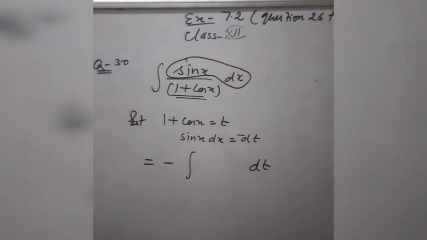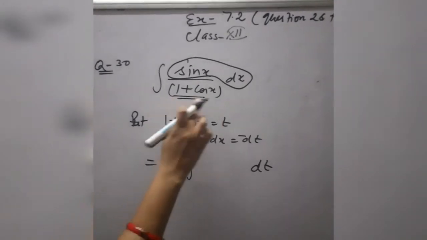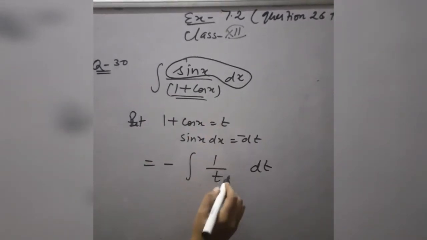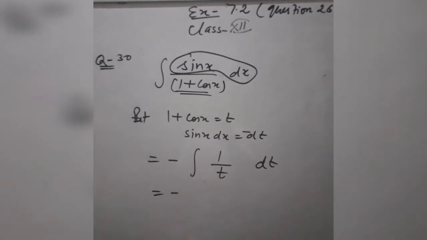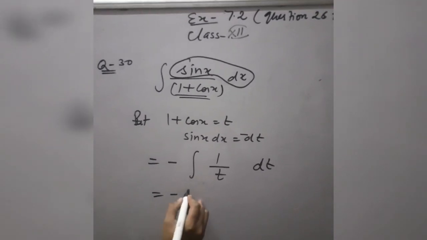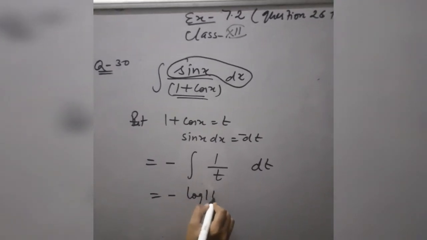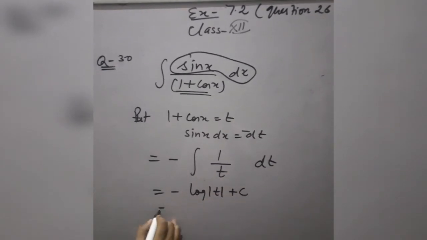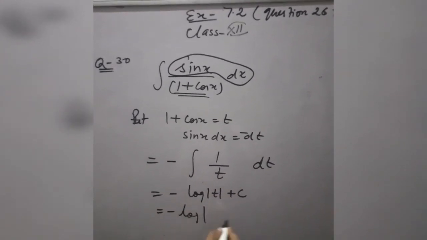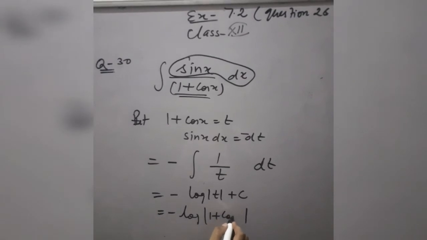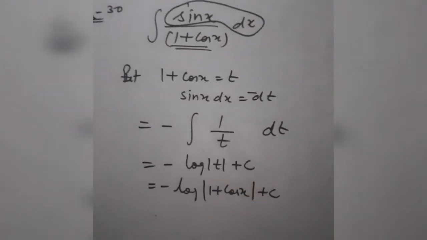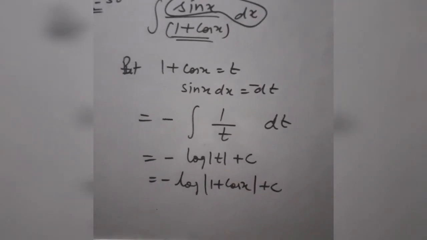Taking this minus sign common, in place of 1 plus cos x write down t, it becomes 1 by t. Now what is the integration of 1 by t? Log t. So write down here log t plus integration constant c. In the last step, in place of t put the value of t, which is equal to 1 plus cos x, plus integration constant c.